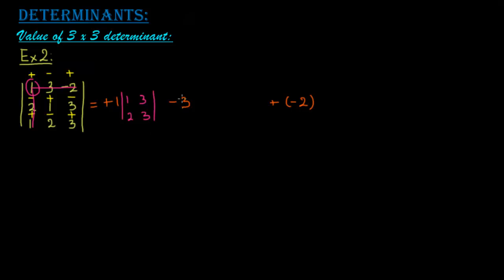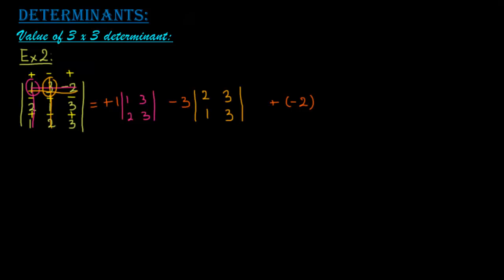My next one, let's say I look at 3. Since I'm on this number, I'm gonna cross out the row that has that number and the column that has that number. So which left me the matrix with 2, 1, 3, 3.